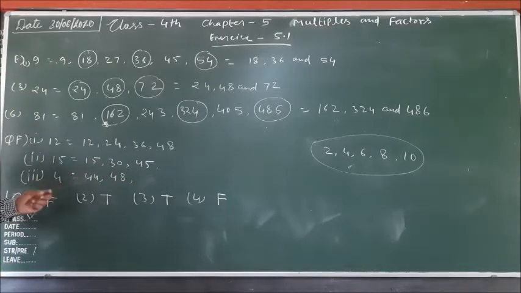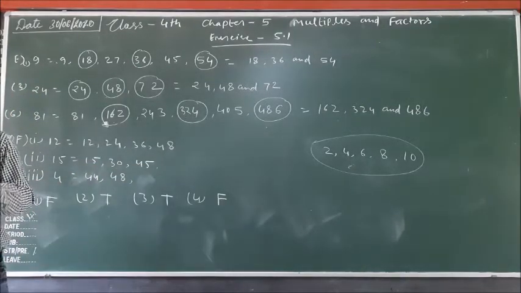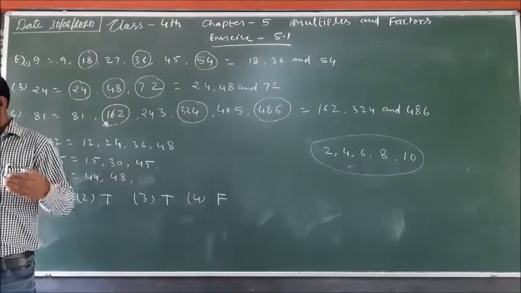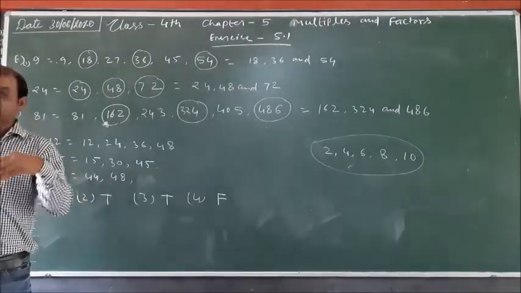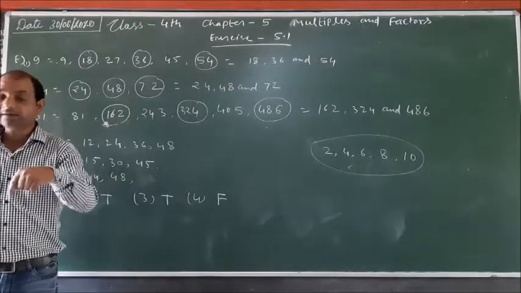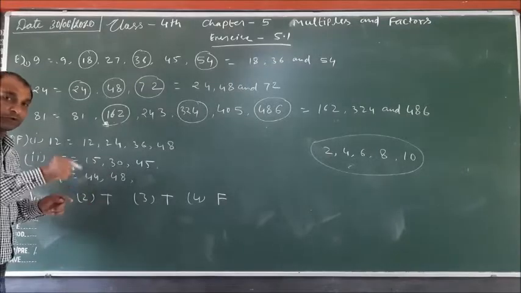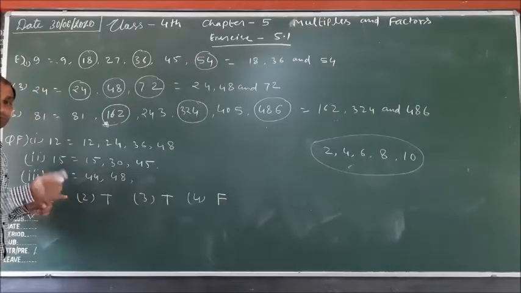And question number third, 4. We write the multiples of 4 that are greater than 40 but less than 60. So greater than 40: 10 4s are 40 and 11 4s are 44.